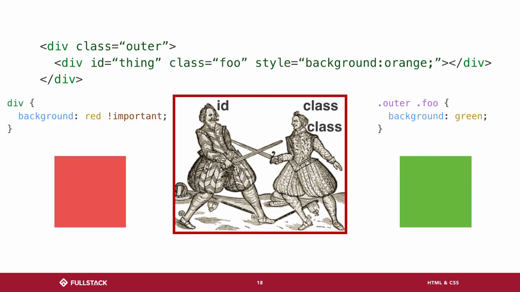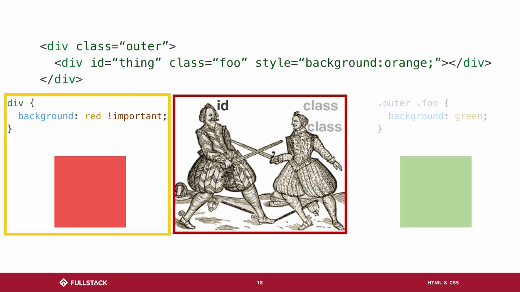So here's another example here where we've got a div, which again has been pretty general, and we've got our example here where we've got, again, this idea that if you're an element with a class of foo and your ancestor is an element with a class of outer, you should be green, which again is fairly specific, but in this case the div wins, and the reason for that is that we're specifying that this is important.